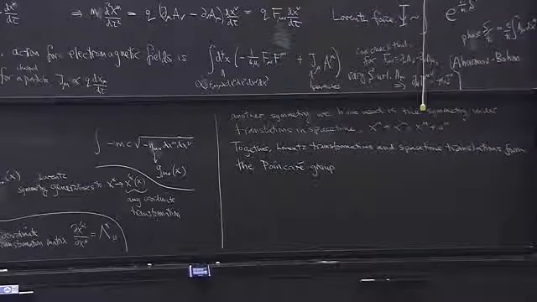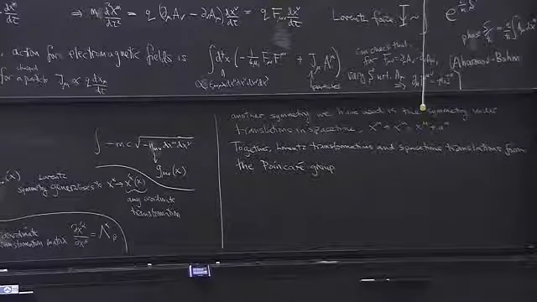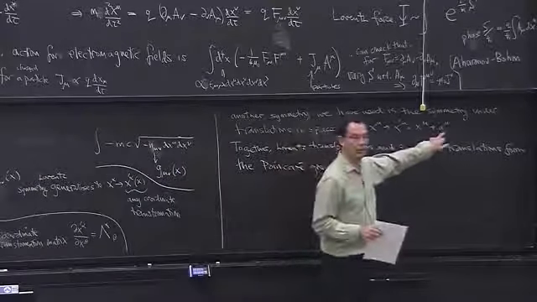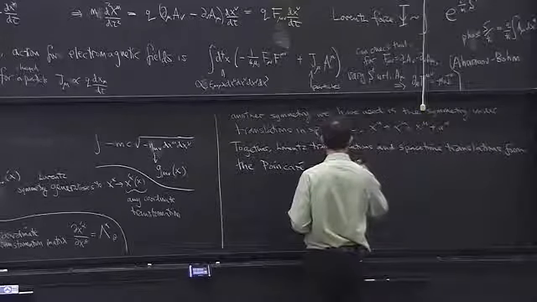Another way to get that is to say, obviously, lambda is a 4x4 matrix, so there are 16 parameters in lambda. But here I have 10 equations for the lambda, because this equation is a symmetric tensor in 2 indices. So 4 times 3 over 2 gives the off-diagonal elements. There'll be 6 off-diagonal elements in this equation and 4 diagonal elements. So there are 10 equations for 16 quantities. So there are 6 linearly independent Lorentz transformations. And here I have 4 more. Okay, so this is a 10-parameter group.